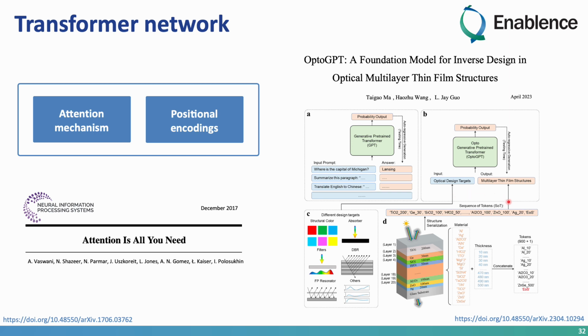And the outputs are sequences of tokens that represent designed multilayered structures. This model can also be considered a foundational model because it can be used for the design of optical multilayered thin films across a diverse array of applications like filters, distributed Bragg reflectors, absorbers, and so on.